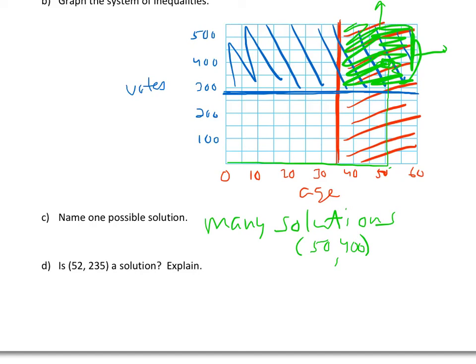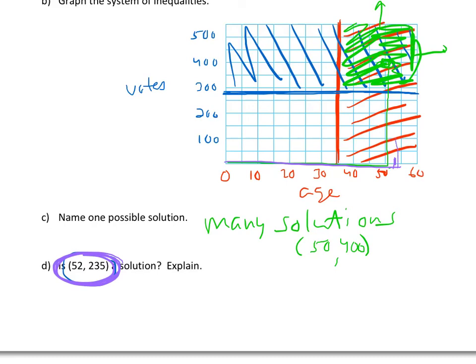All right, so another perspective is, is this coordinate a solution? So if we look at it, and I'm going to change the color of that one, this coordinate, make it purple, so we can see it on the graph. 52 would put you here, which looks good. 235, so here's 250, or excuse me, here's 52.